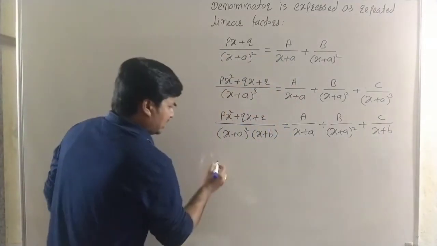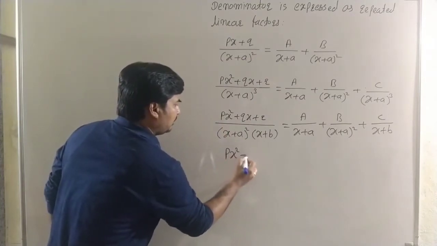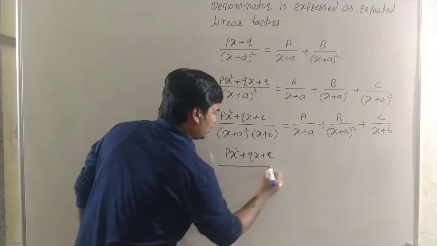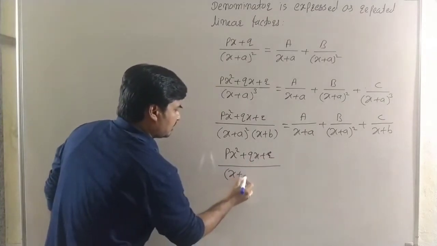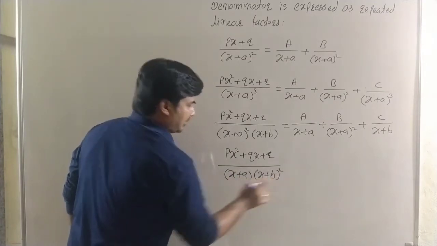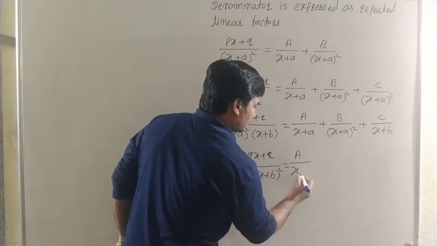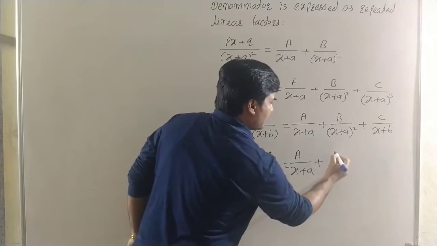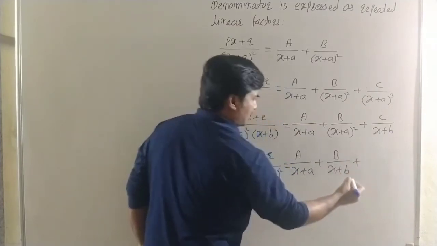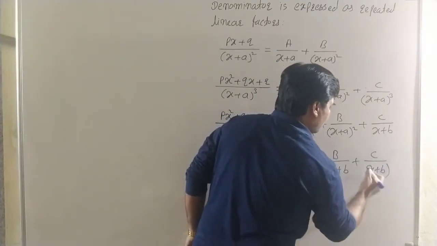This can also be in the form px square plus qx plus r whole upon x plus a and x plus b square. Therefore this can be written as A upon x plus a plus B upon x plus b plus C upon x plus b whole square.